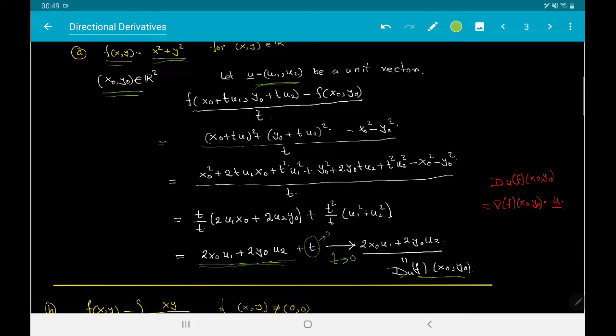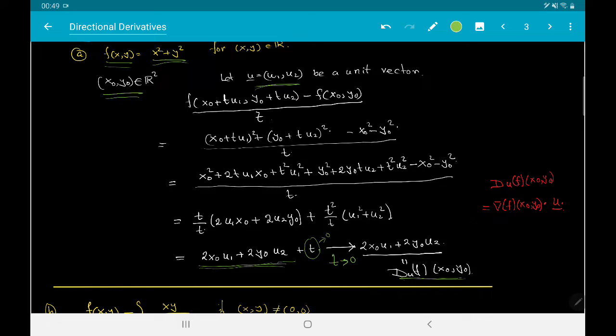Note that in this case we have a very nice expression: D_u f at x0 y0 is the gradient of f at the point x0 y0, dotted with the unit vector u.